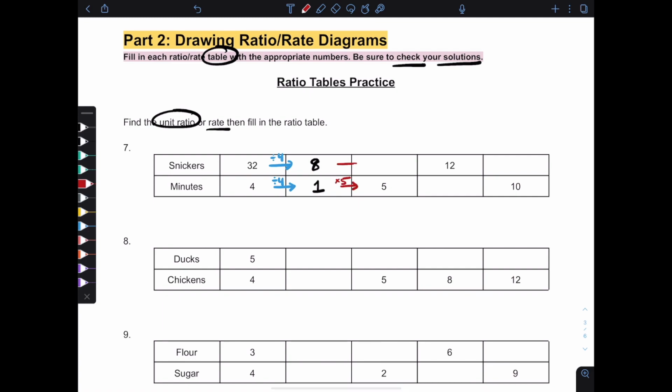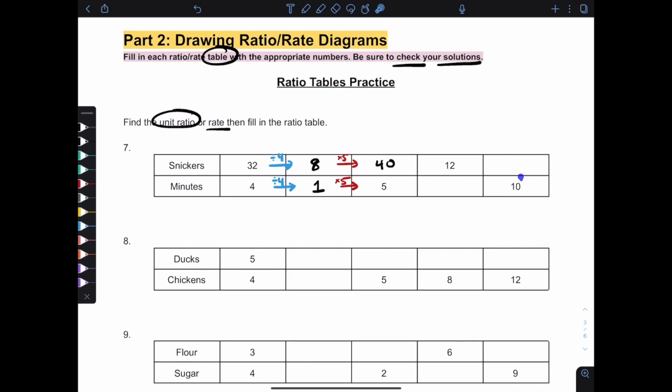So then 8 times this 5 is going to get us the 40, and that fills in this box right here, okay? At this point, we can't really get to this 12 very easily. 40 doesn't get to 12 nicely. 8 isn't terrible. 32 is also pretty bad. So maybe I'll pause and skip that one for a moment.